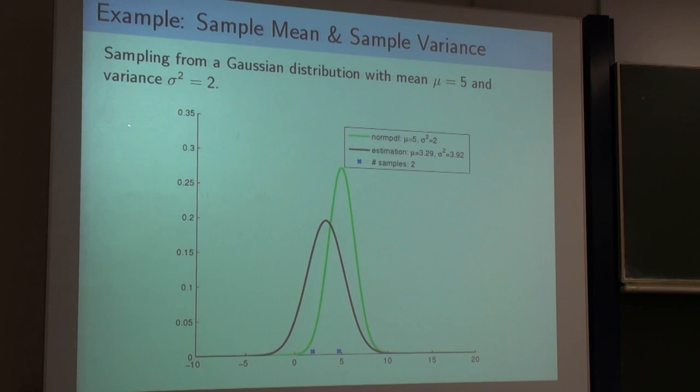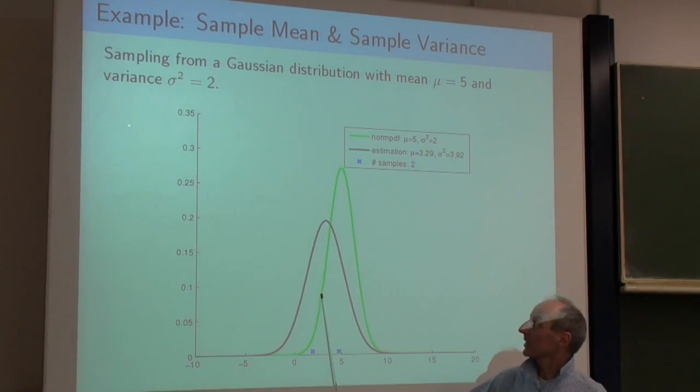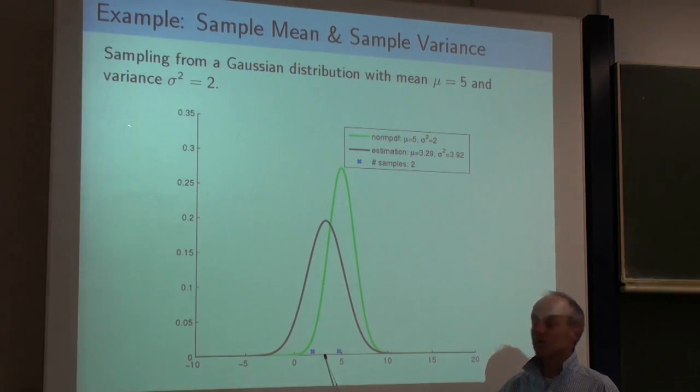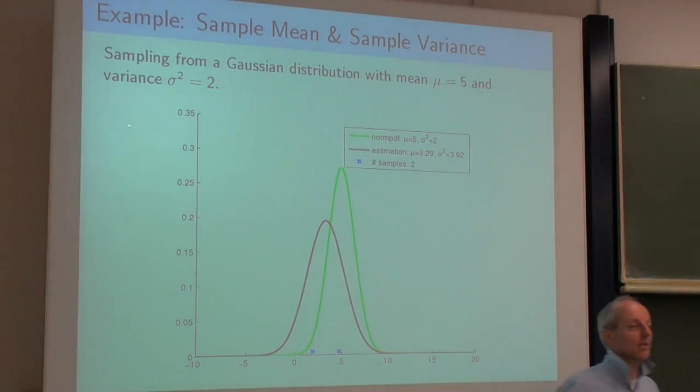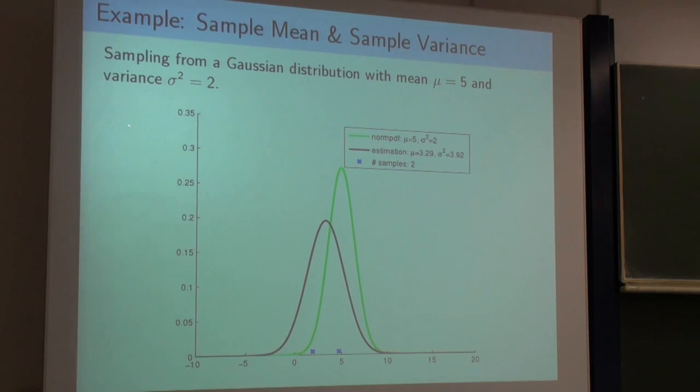And what do you do? You calculate the sample mean, and the sample mean is exactly here in the middle. That's why the center of this black curve is exactly in the middle between these 2 data points. And then you calculate the sample variance, and now you plot this black curve.